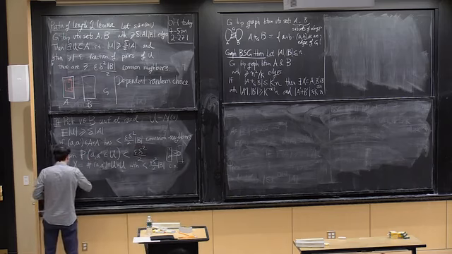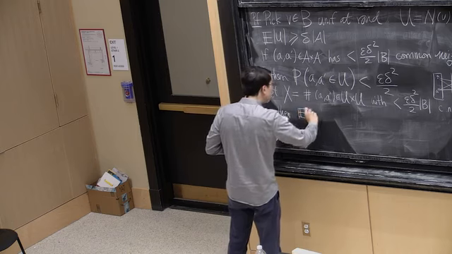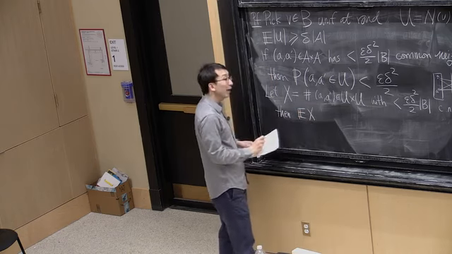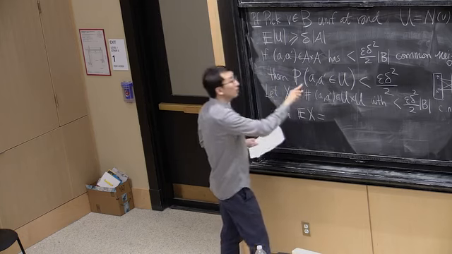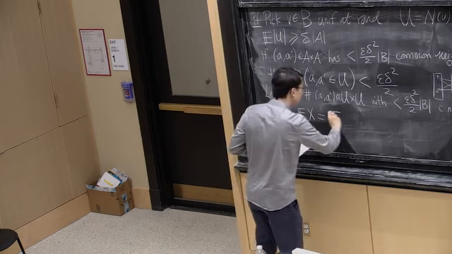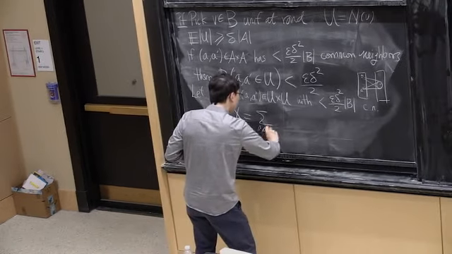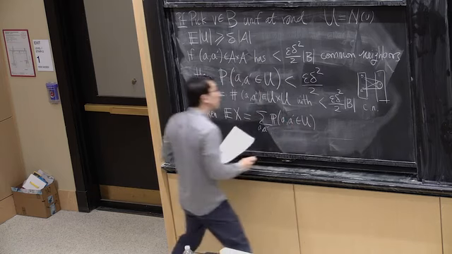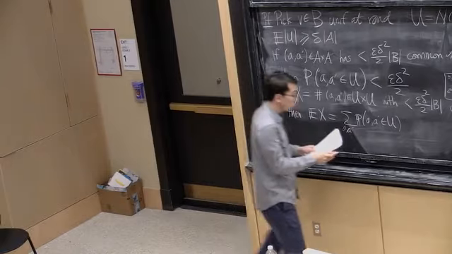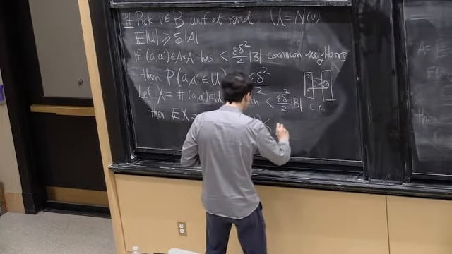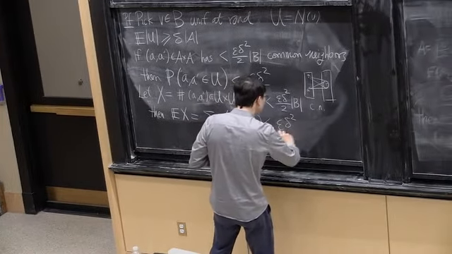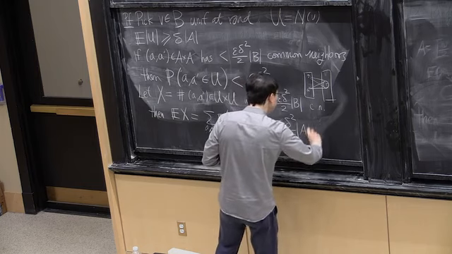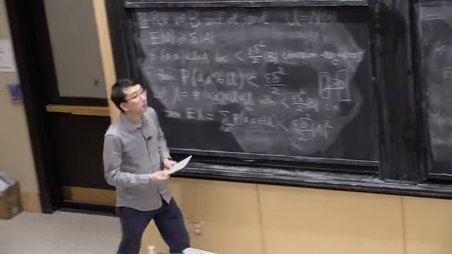Then by linearity of expectation, the expectation of X, by summing up all of these probabilities of A and A prime both being in U, is at most epsilon delta squared over 2 times the size of A squared.